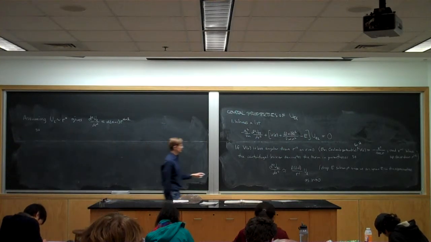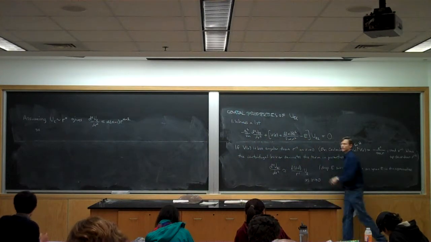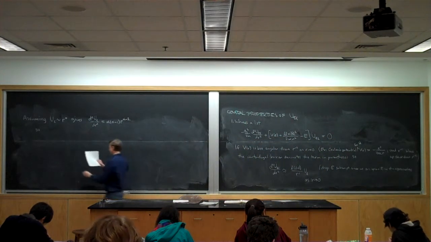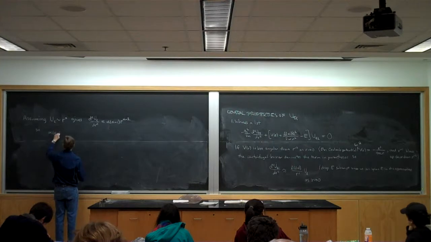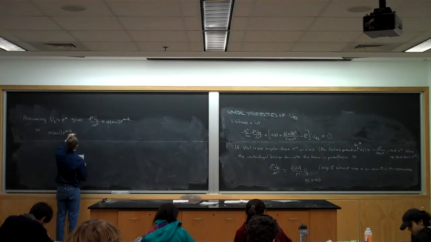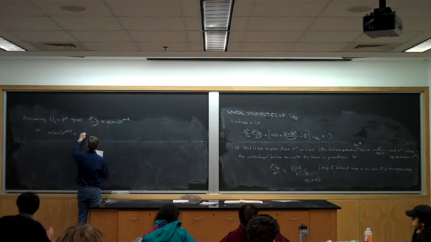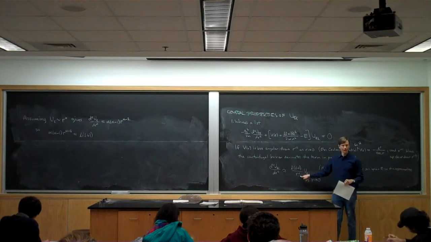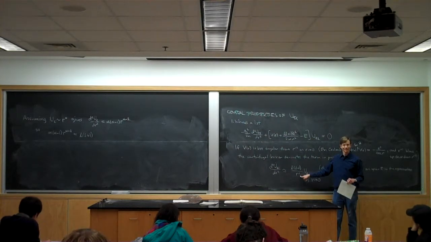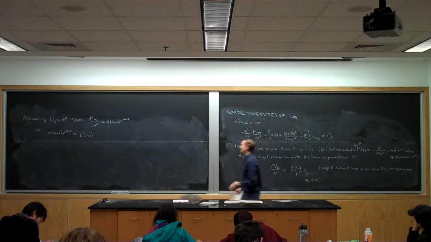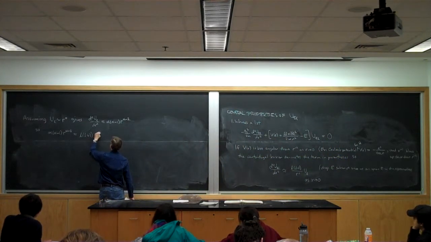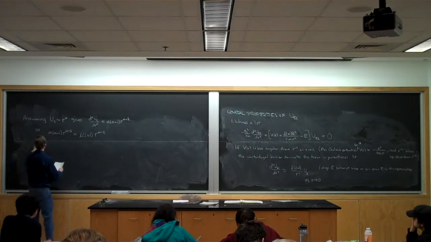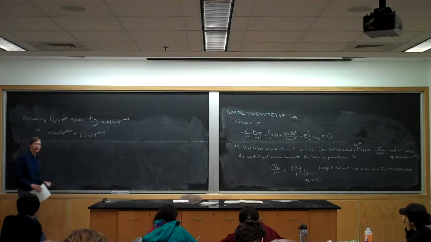So if we plug our proposed solution into this approximate differential equation for small r, we get alpha times alpha minus 1, r to the alpha minus 2 should equal L times L plus 1 times r to the alpha over r squared. Oh, look. What's r to the alpha over r squared? R to the alpha minus 2. Hey, it worked. So we want alpha times alpha minus 1 to equal L times L plus 1.